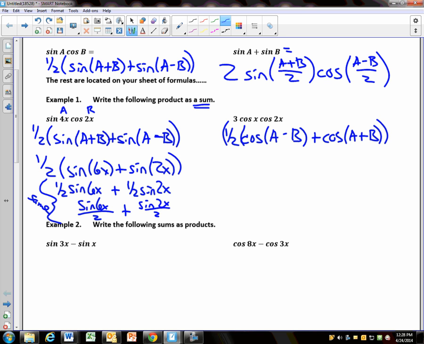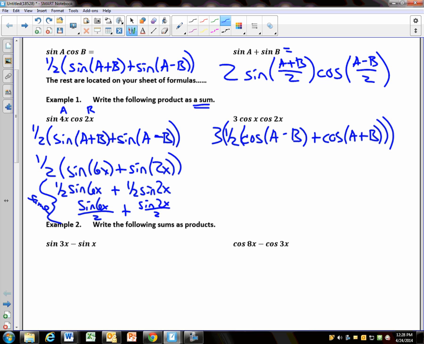The 1/2 multiplies everything, right? So there we go, and then there's that 3 out front. That's really my problem. So instead of a 1/2, what's my coefficient out front going to be?